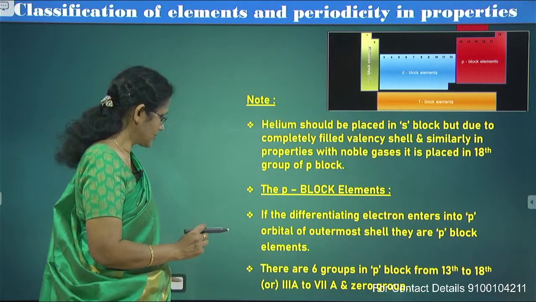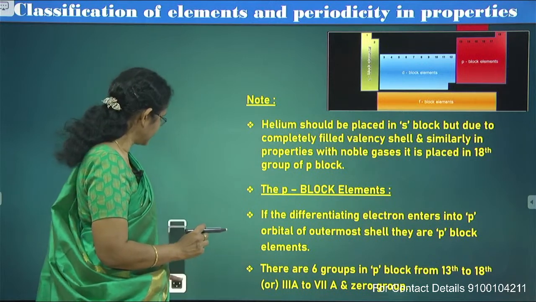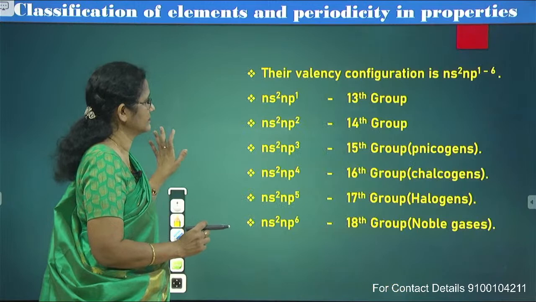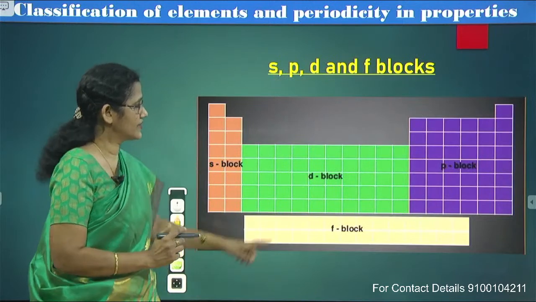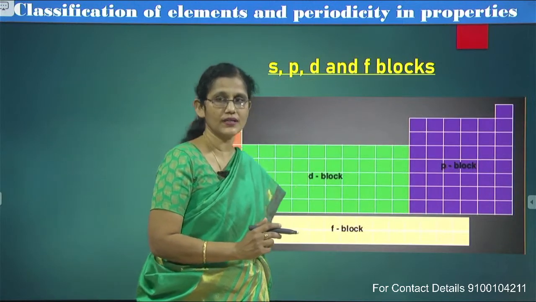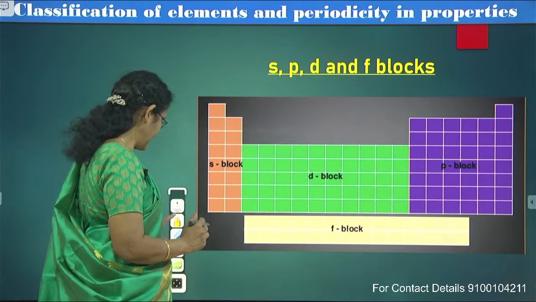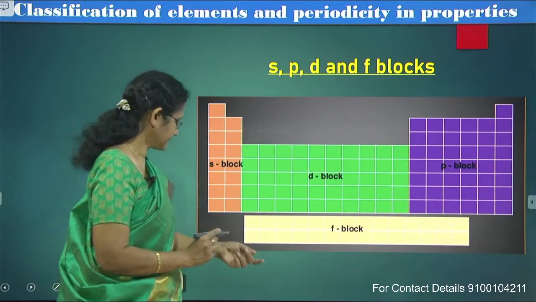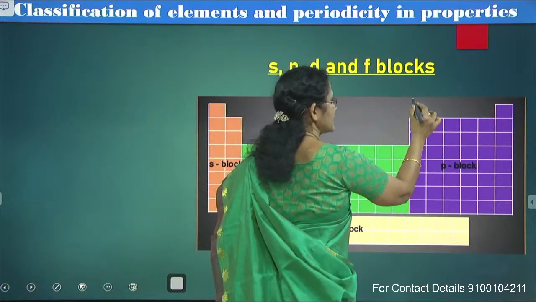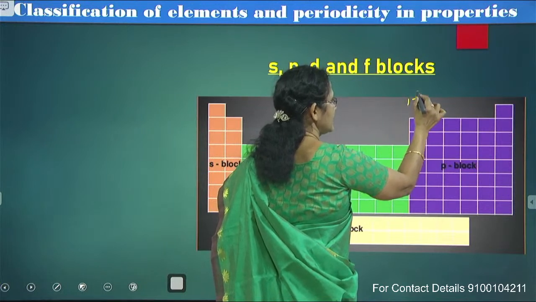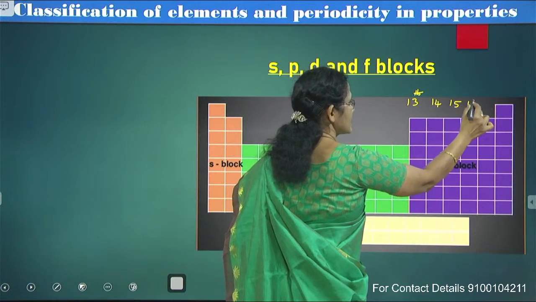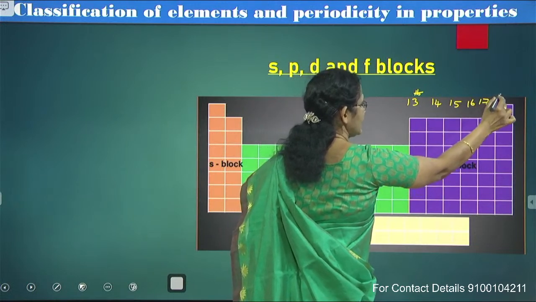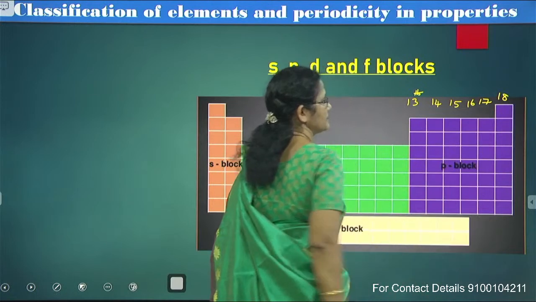So, what are those 6 groups? Now see here. There are 6 groups in p block. What are those 6 groups? They are the 13th, 14th, 15th, 16th, 17th and 18th group, right.